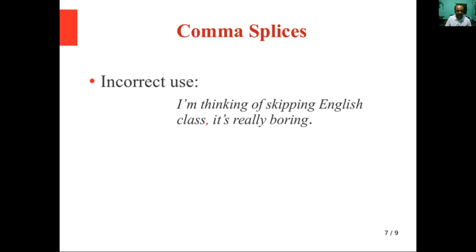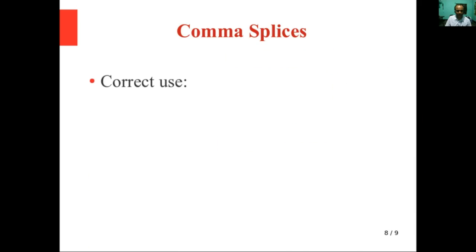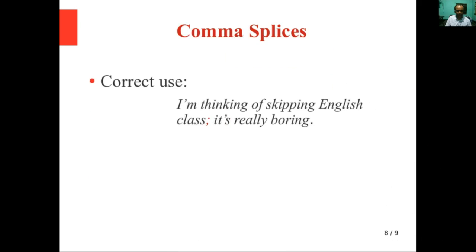Now how do we fix this? We already know that these two parts should have I'm thinking of skipping English class, semicolon, it's really boring, because these two independent clauses, I'm thinking of skipping English class, is a complete independent clause. It's really boring.